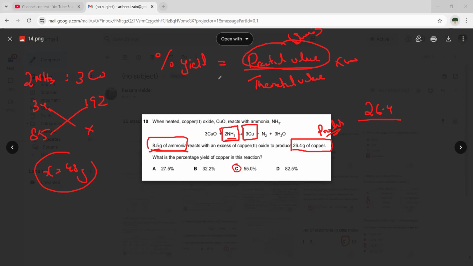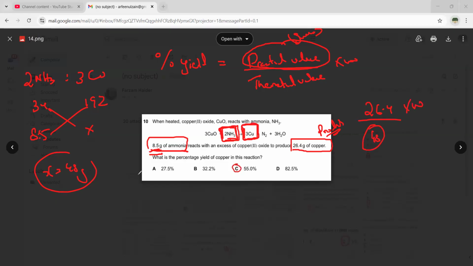Because I'm taking a ratio of the mass, I should take the total mass of the whole molecule and the mass of the whole atoms. So 34 is 192 according to the equation. So 8.5 will be x; cross multiply, we get 48. We can take the mass ratio anytime, but if the mass is given, take the mass ratio. If the moles are given, take the mole ratio. So it suggests we should get 48.